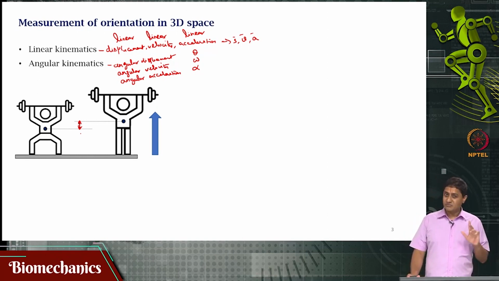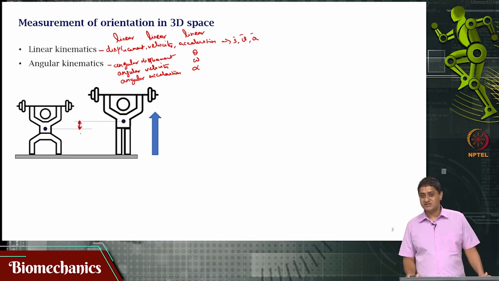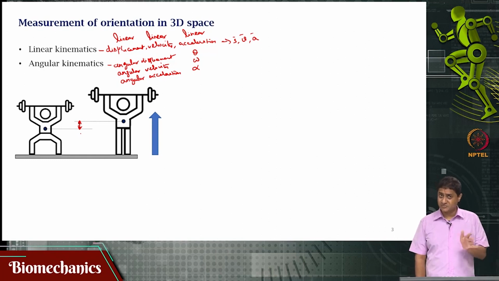Okay, it's something for you to think about. I will leave this as an exercise, if possible you can try this: how rotations that happen about individual joints get converted to linear motion in the Cartesian space, that is in the real world. How is that happening? Think about that. We will not discuss that as part of the course.